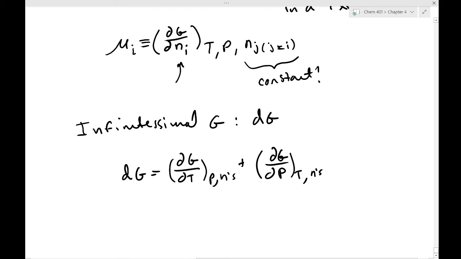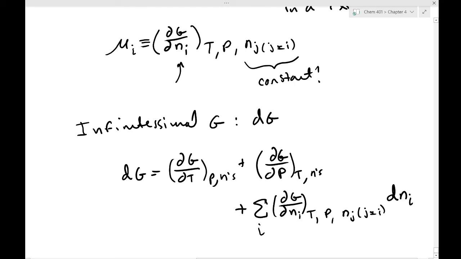Now we have to add on a new piece. To all of this, we have to add the sum over all i's, so over all of the substances, of the change in G with respect to the change in the ith molar substance with T, P, and n_j, j not equal to i, times dn_i.